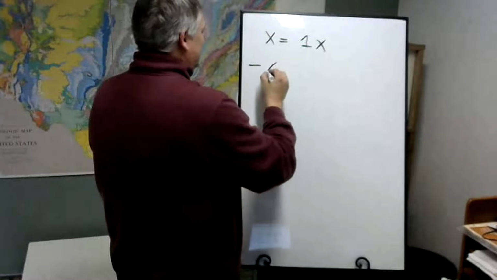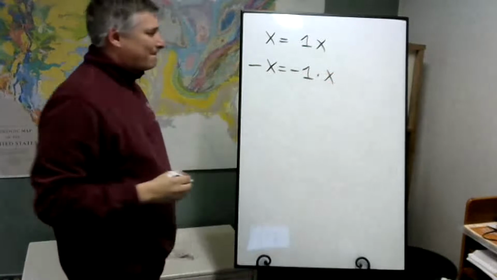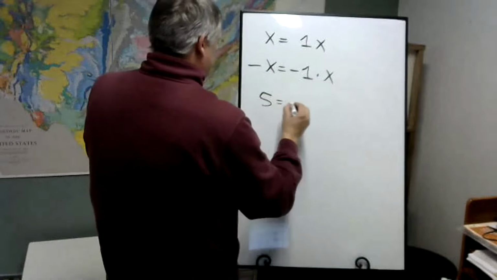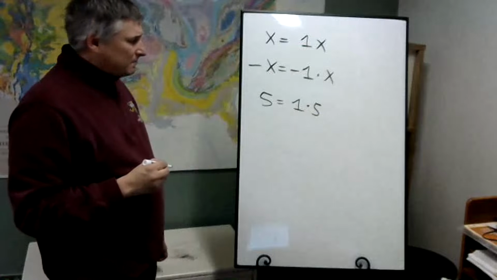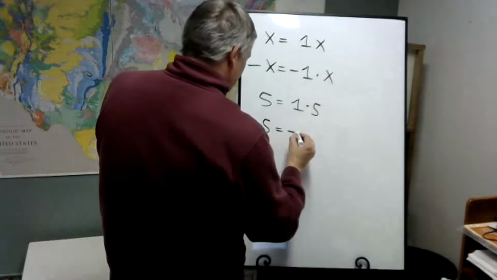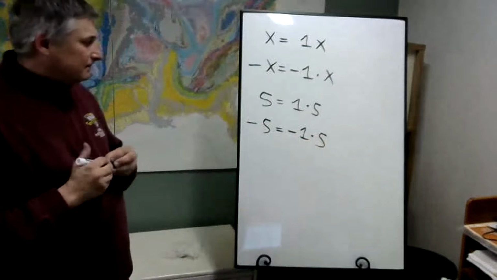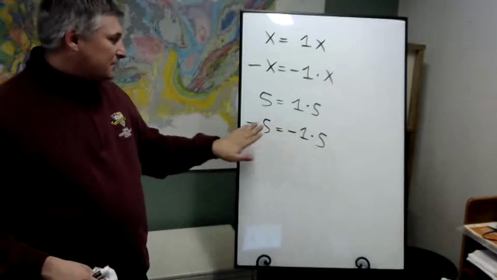If you have a minus x, we can rewrite it as minus 1 times x. Same if you have a number. Any number is a product of 1 with itself. Likewise, you could take a minus number and call it minus 1 times that number. That'll work. And again, negative times positive is negative.